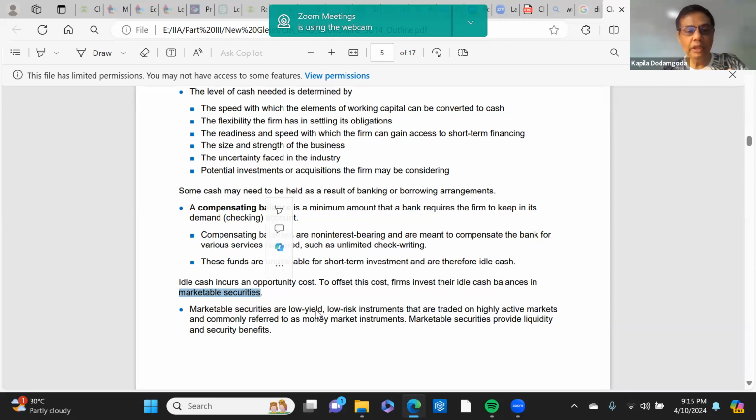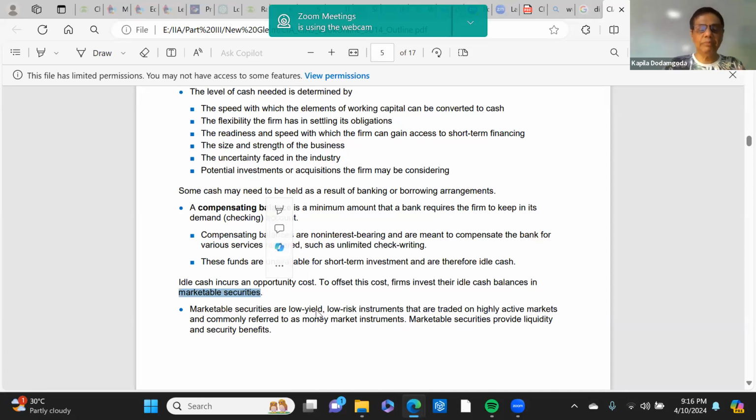Their risk is lower, the return is lower, obviously, and they trade on highly active markets. So at any point of time, if you want to sell them and get cash to meet your obligation, you can do it because they are trading on highly active markets, and they are commonly referred to as money market instruments. So basically, this is a money market instrument.